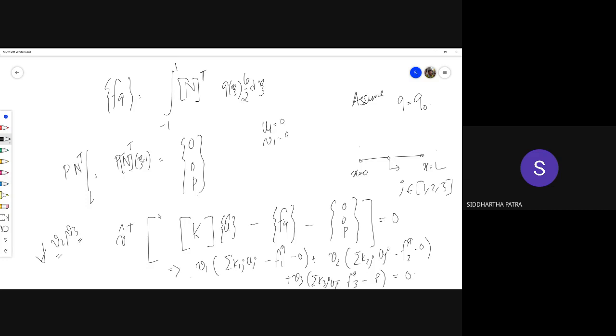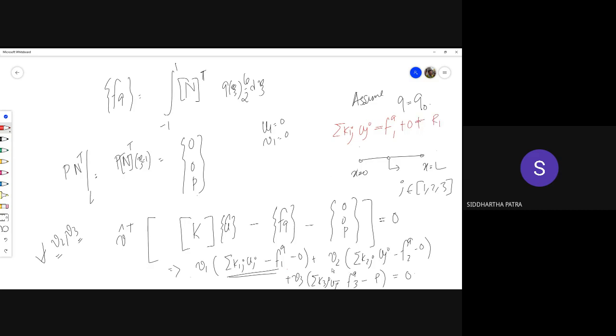Now V1 is 0, so this term is not there. And you cannot claim that this thing goes trivially to 0. Since this thing doesn't trivially go to 0, this term right here, the first row of the system of equations, essentially goes to some sort of reaction force. So this equals plus R1.